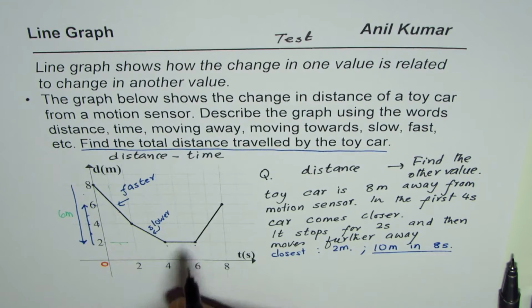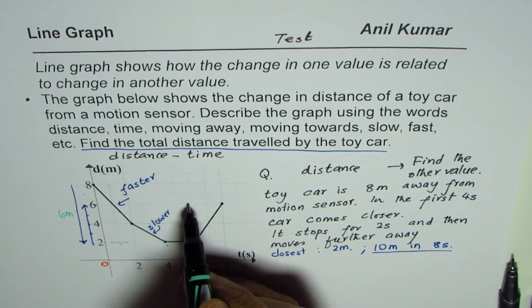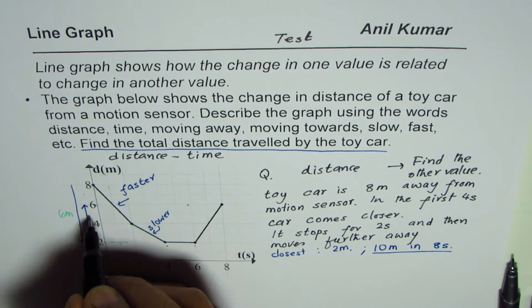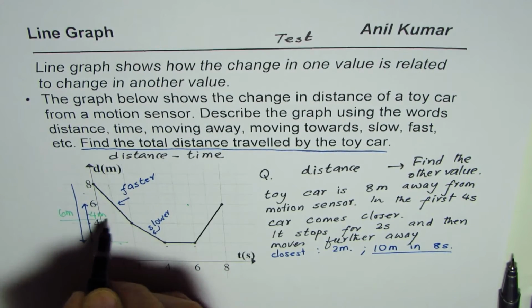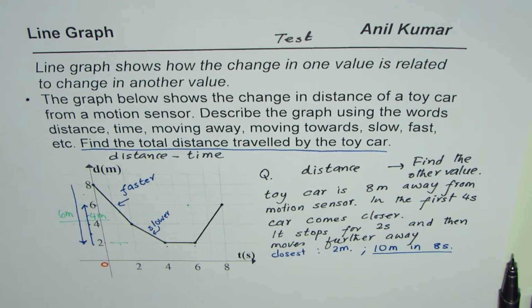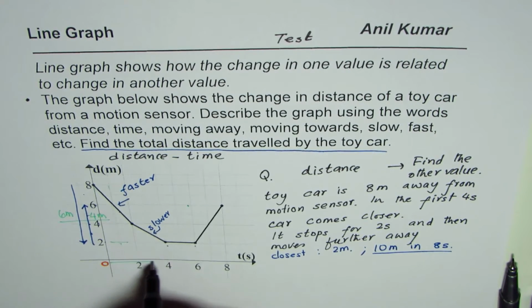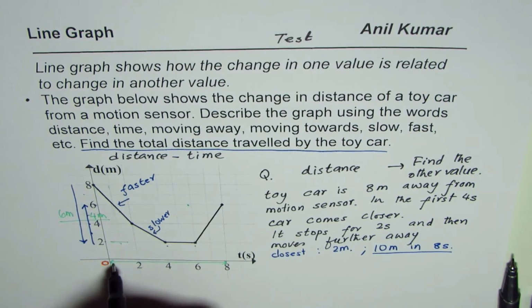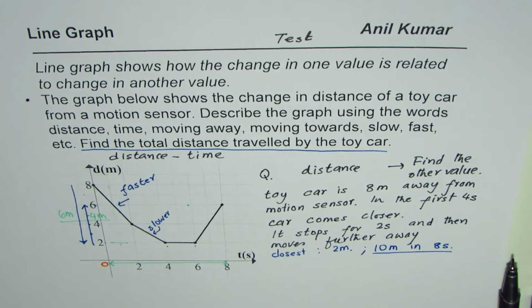It does not move. It moves further away from 2 to 6, that is 4 meters. So this is 4 meters. You need to add them up to get total distance, which is 10 meters. And the time is from 0 to 8 seconds. So within 8 seconds, the toy car moves 10 meters.